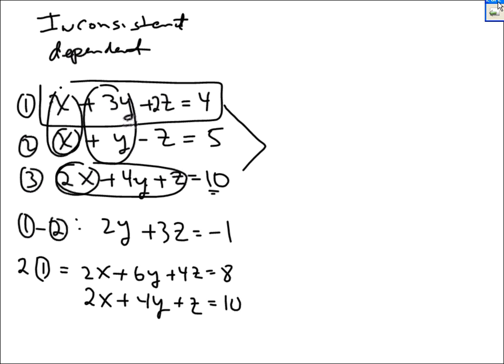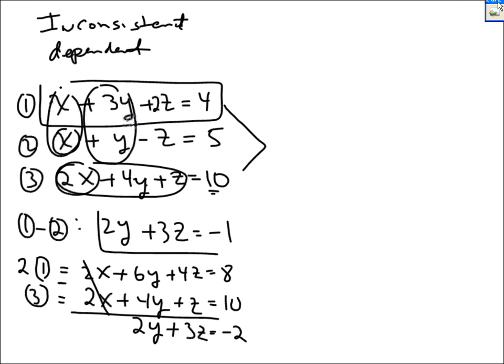If I subtract, this cancels out. 6y minus 4y is 2y. 4z minus z is 3z. 8 minus 10 is negative 2. So here are my 2 equations, 2 unknowns.